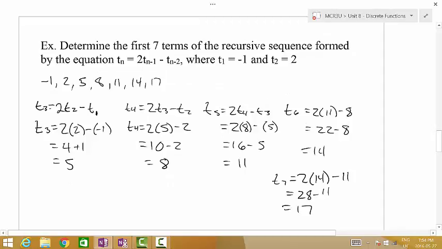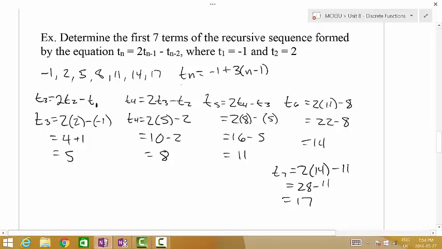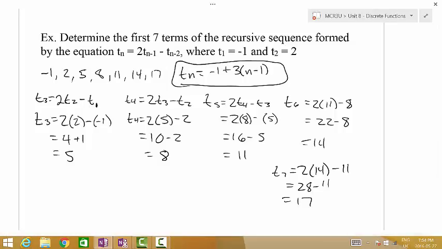So we can see it actually ends up being an arithmetic, and with that we can call it negative 1 plus, we're adding 3 every time to the n minus 1. So once you do a couple, if you can see that it is a pattern that you can come up with a general term for, that's fine. You can come up with a general term, work from there, and finish the sequence.